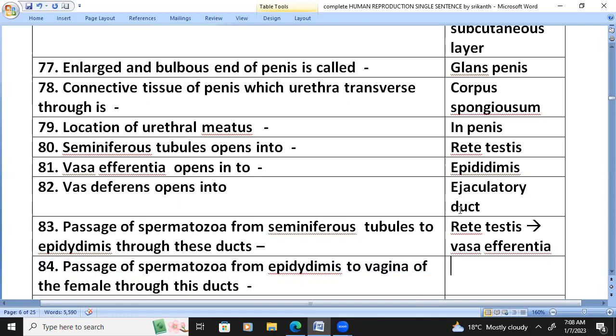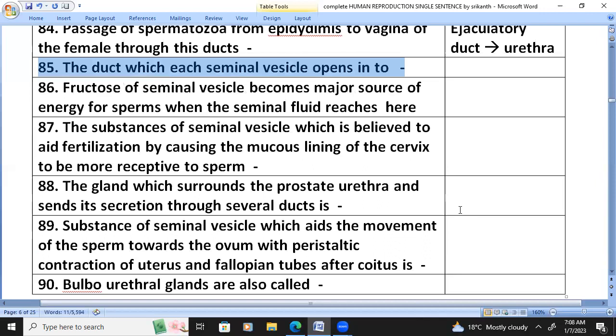Passage of spermatozoa from epididymis to vagina of female: from epididymis, it goes to the ejaculatory duct. From ejaculatory duct, it reaches the urethra.